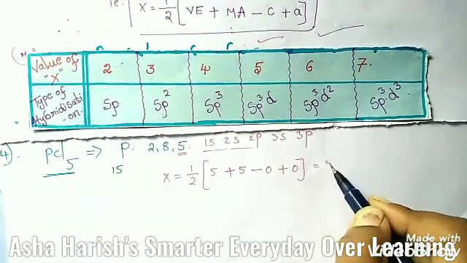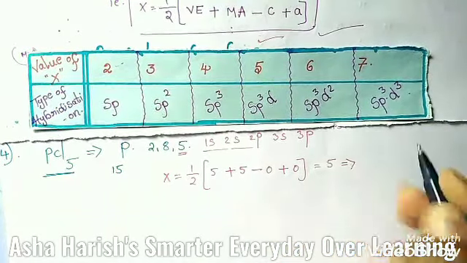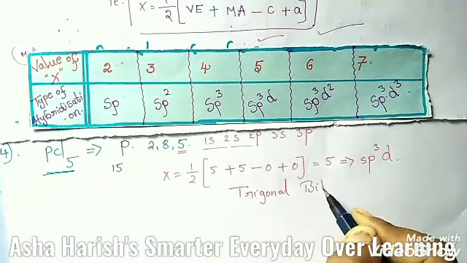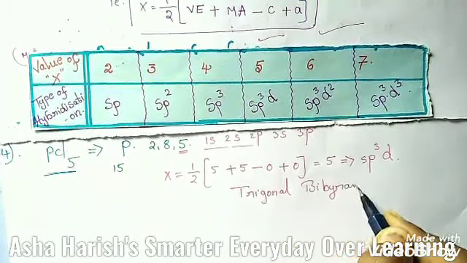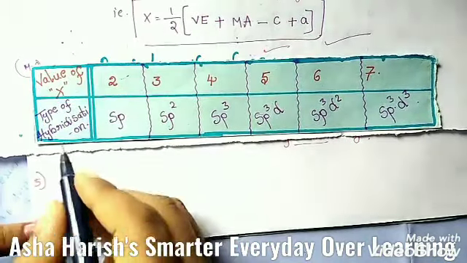Okay, half into 10, nothing but 5. If the value of X is 5, the type of hybridization is sp3d. The formed hybrid orbitals are 5 here. Okay students, then the shape is trigonal bipyramidal. Trigonal bipyramidal is the shape of the molecule PCl5.